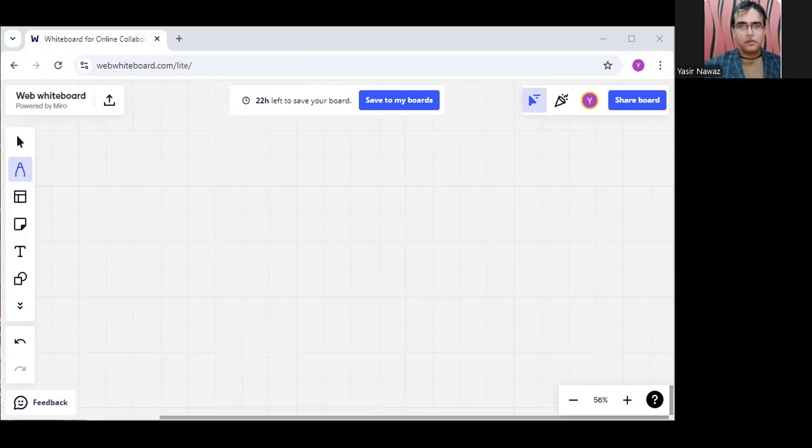So one of the theorems is the alternate segment theorem. This theorem is the alternate segment theorem. What does it say?